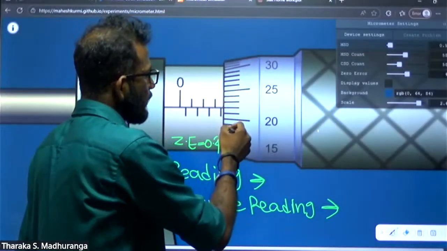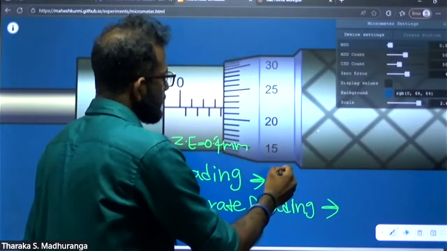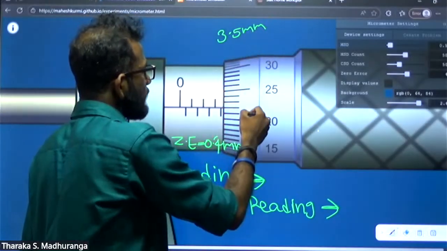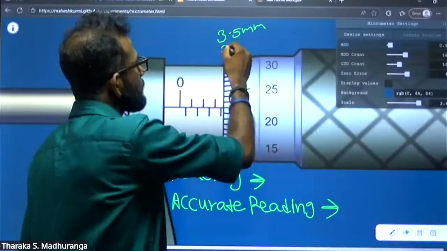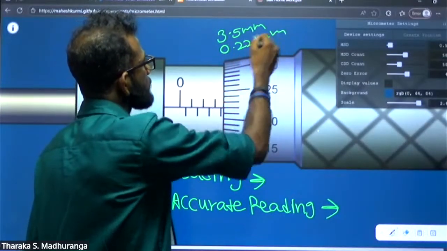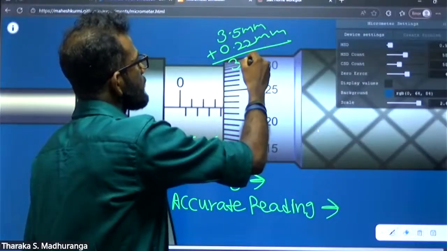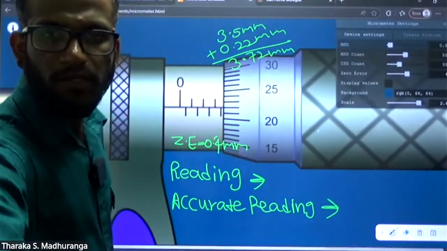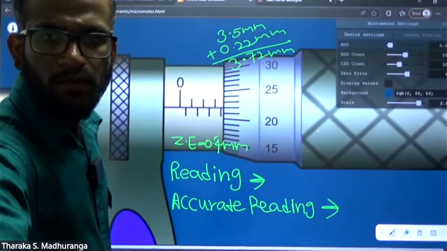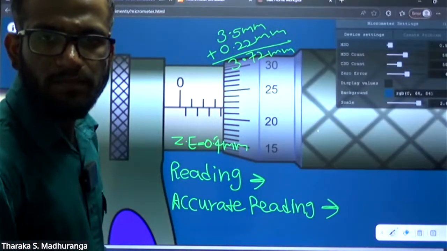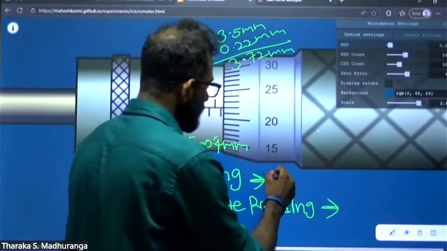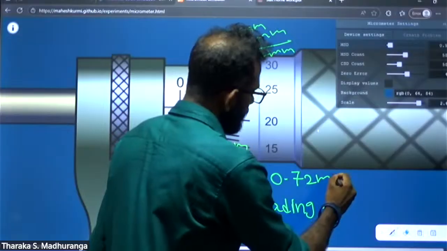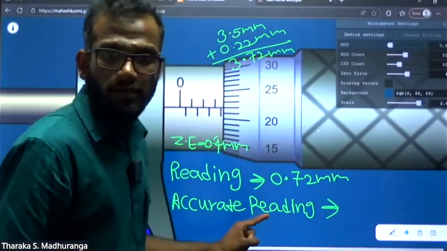It is 3.5 millimeter plus 0.22 millimeter, which is 3.72 millimeter. 3.72 millimeter is the reading.